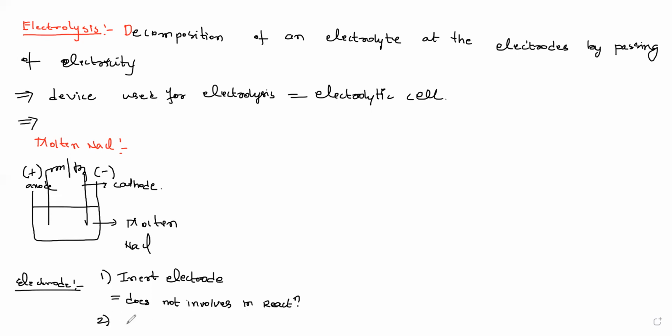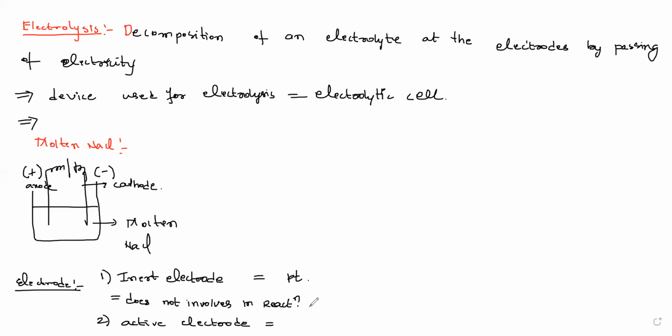But an active electrode involves in the reaction during the electrolysis. Platinum is the best example for the inert electrode, and nickel is the best example for the active electrode.